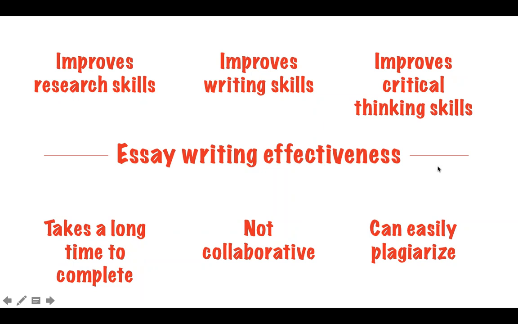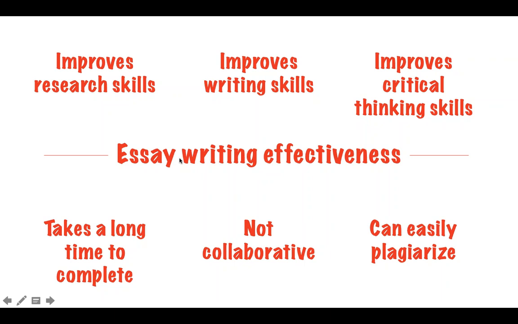What I wrote was this. I wrote my topic. I wrote essay writing effectiveness. Okay? Not just essay writing, not just effectiveness, but essay writing effectiveness. Okay? My arguments for essay writing are: it improves research skills, it improves writing skills, it improves critical thinking skills.